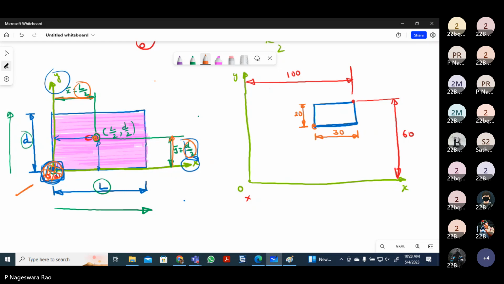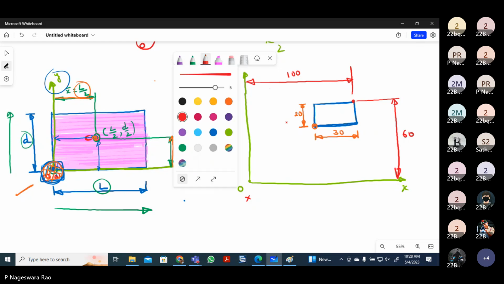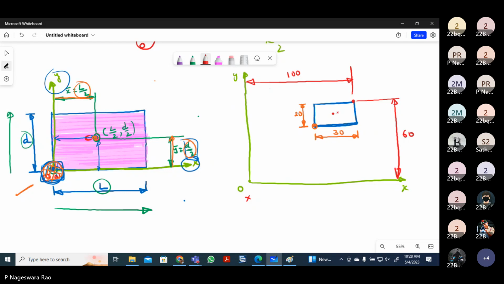When the origin is here, the centroid symbol is C. This distance is in the x direction, half of this length.